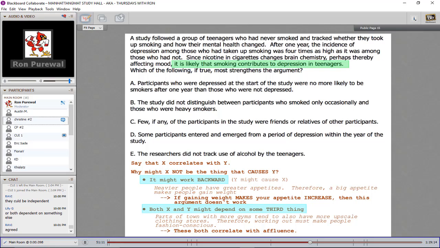So if you're going to weaken a cause and effect argument, or strengthen one, you have to rule these things out.